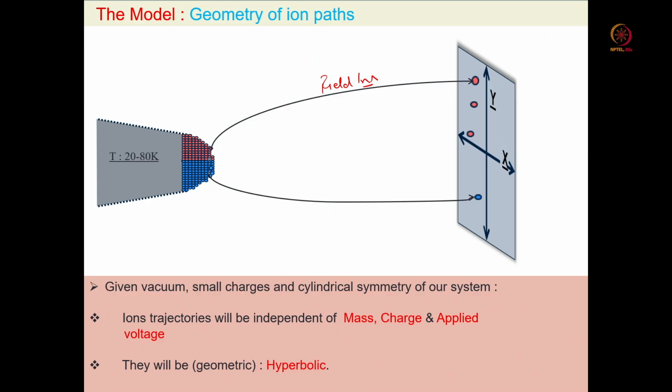The ion trajectories will depend on mass, charge and applied voltage, and geometrically they are shown as hyperbolic in nature.